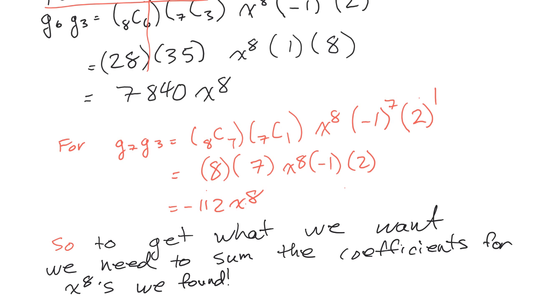There are 4 terms, and when you add them all up, your term is going to be negative 20,944 x to the 8.